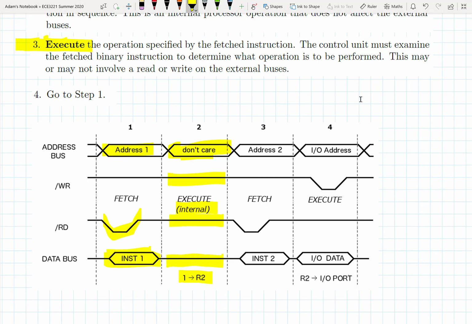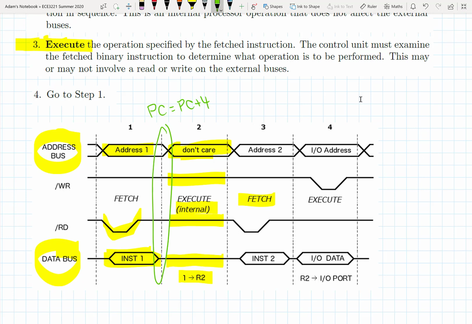All of that is happening internal to the processor, and we're not seeing any activity on the external address and data bus. Okay, once that instruction is executed, we fetch the next instruction. Now, keeping in mind that back here somewhere, between the fetch and execute, we took the program counter and added 4 to it.